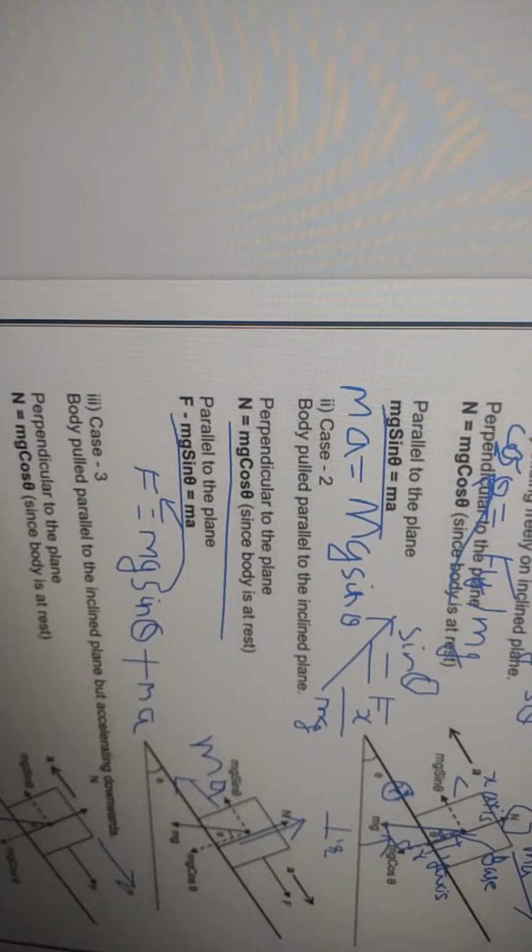So opposite of the acceleration will be ma. So F plus ma is equal to mg sin theta.